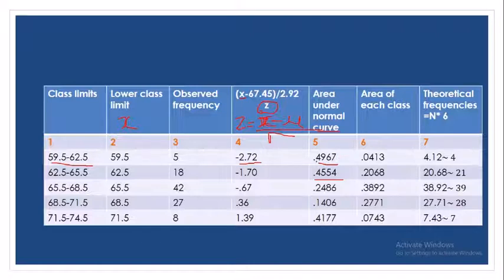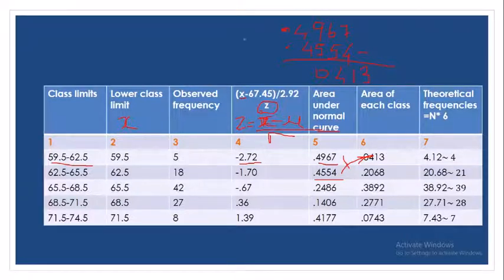That is, you have to subtract 0.4554 from 0.4967 in order to get this value, that is 0.0413. So your first value you get like that.